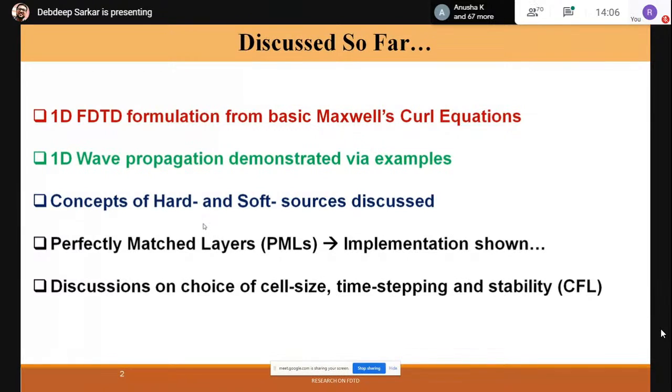And I will talk today about how to extend that concept into a 3D situation, because although that 1D situation had some physical analog, like we had the analogous transmission line situation.